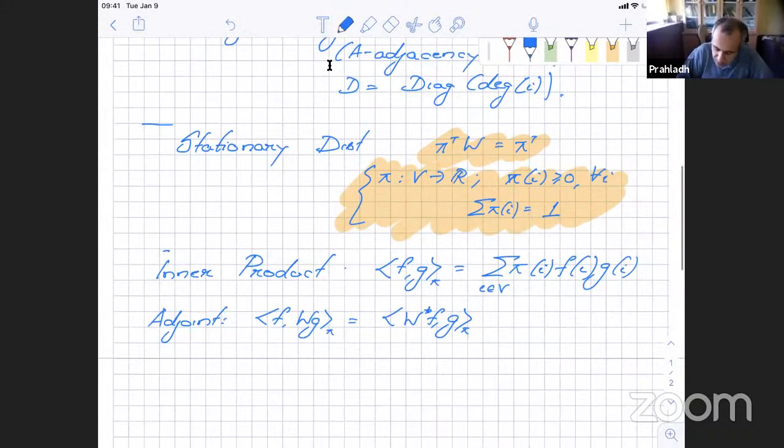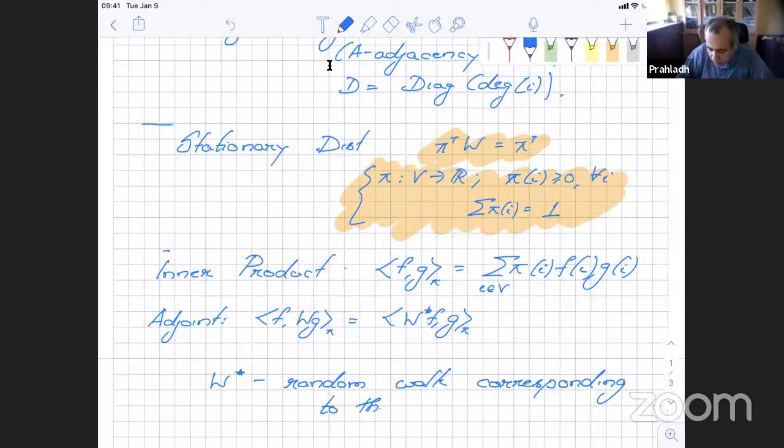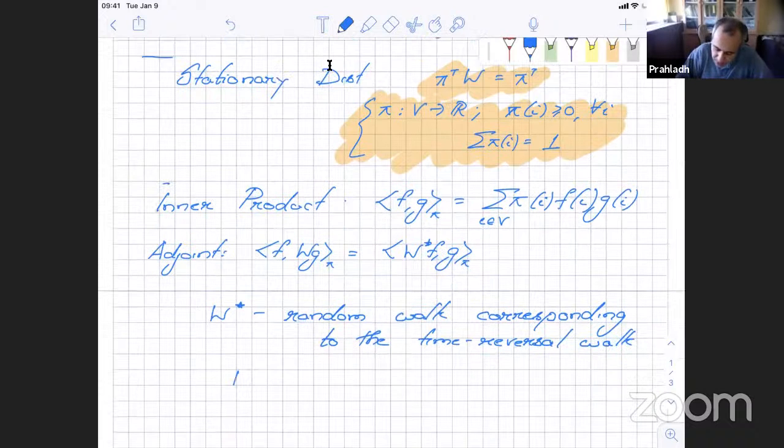The adjoint was the random walk corresponding to the time reversal walk. We saw that it satisfied the property that W star ij was exactly Wji pi j by pi i.